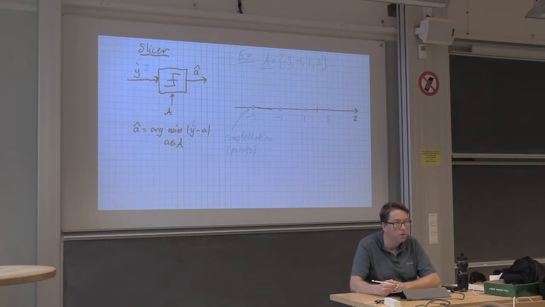So the middle point between 1 and 3 is what? Well, it's 2. And the middle point between -1 and 1 is 0. And the middle point between -3 and -1 is -2.